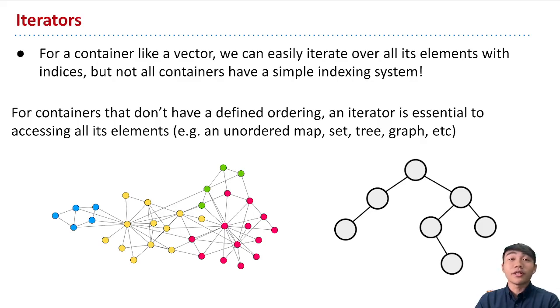There's no clear ordering to these elements, and there's no indexing system. So using an iterator as a way to abstract away the underlying implementation of these potentially massive and complicated data structures is one of the reasons that iterators are so powerful. We can use an iterator and know that we can keep on incrementing that iterator with ++ to get to the next element. So no matter how complicated the structure we're iterating over is, we know that we'll be able to access each element within it.